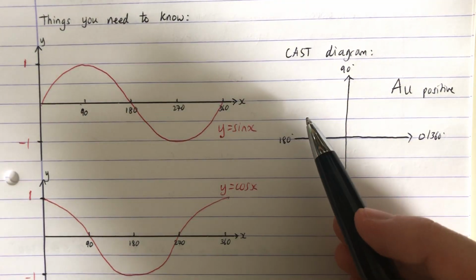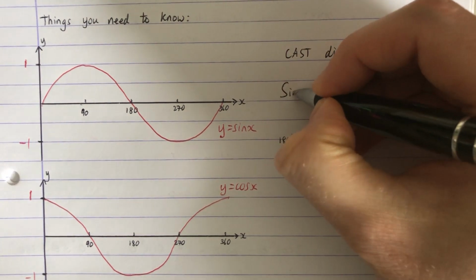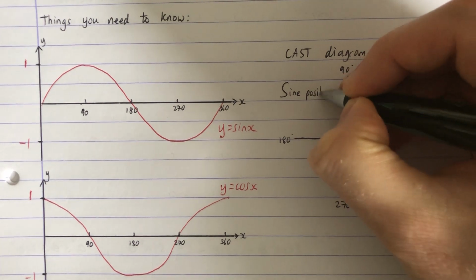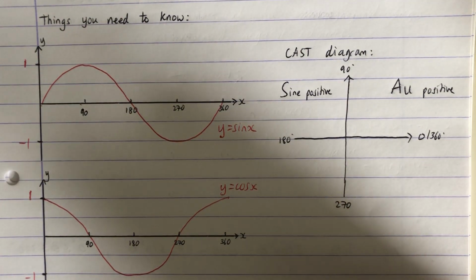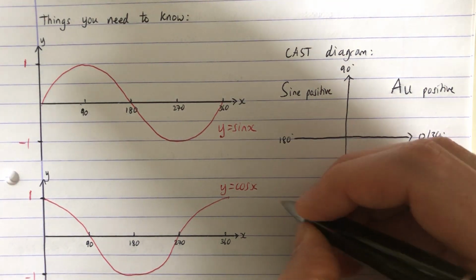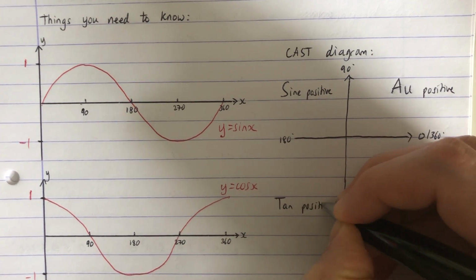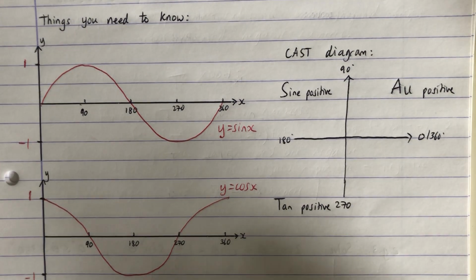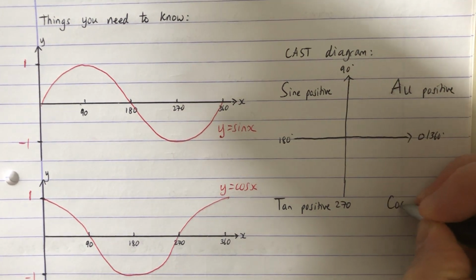The second quadrant, there's only one of the curves which is positive, and that is sine. In the third quadrant, only one of the curves is positive, the others are negative. That would be tan. And in the fourth quadrant, only cos is positive, the others are negative.